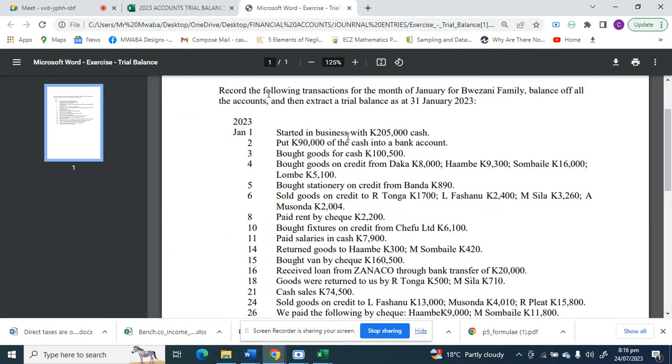Started a business with 205,000 cash. So, colleagues, what transaction is going on here? Capital injection into the business. Wonderful. What two accounts are involved?